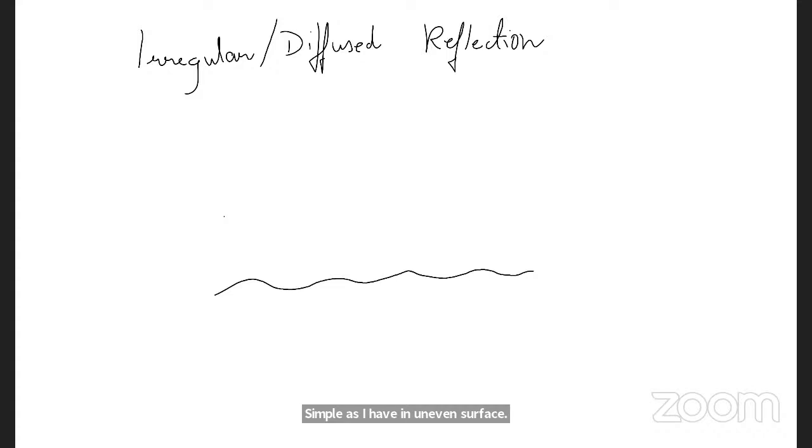Now, in this reflection, suppose I have an uneven surface. Let's take the rays of incidence.